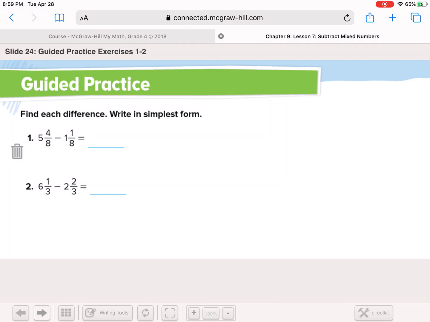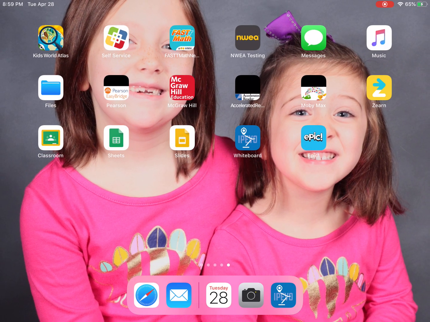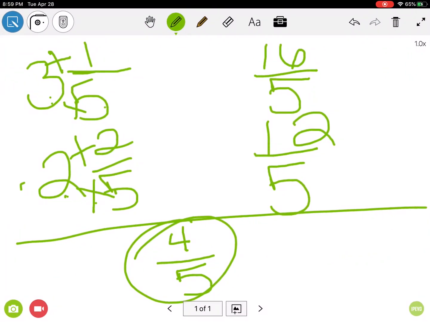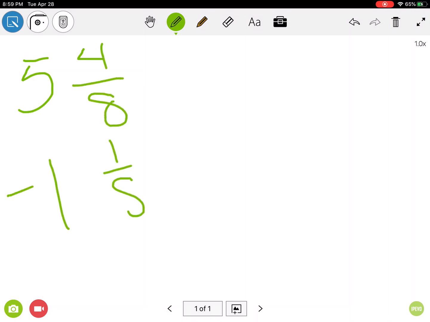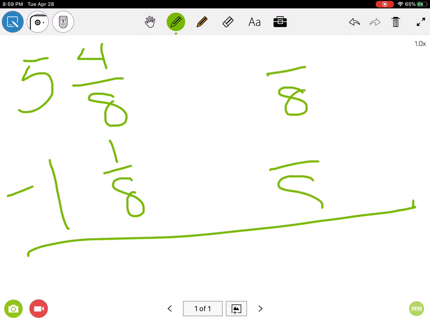All right, 5 4/8 minus 1 1/8. What doesn't change? Denominator. Okay, 8 times 1 is 8 plus 1 is 9. 8 times 5 is 40 plus 4 is 44.